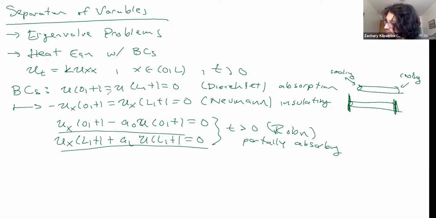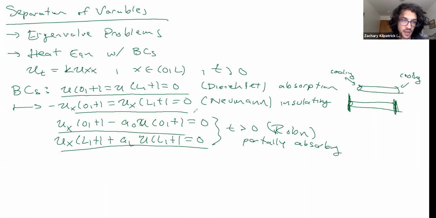As you might imagine, you get a nice clean eigenvalue problem in the case of absorbing boundary conditions. We've seen that before. We haven't really talked about the Neumann boundary condition. I might give you a practice problem on the next homework on this.